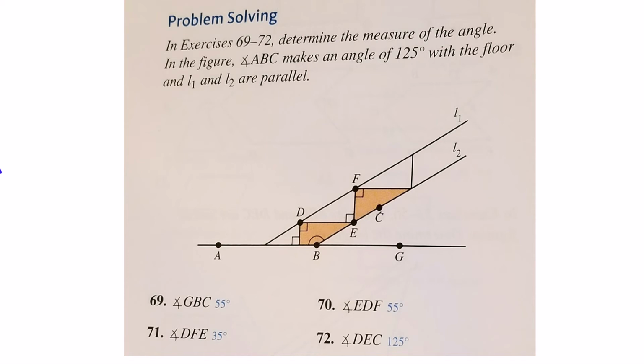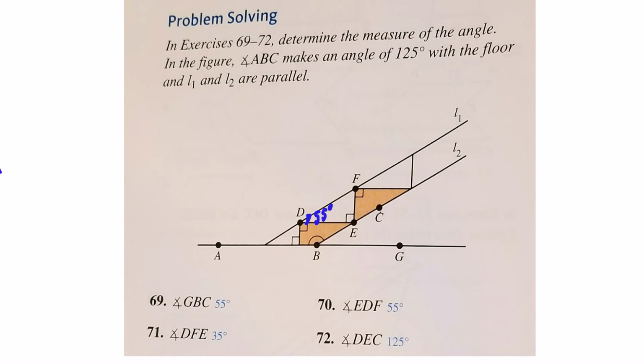Now that's not the only way I can find that. We could use the fact that EDF was this angle. Sorry, had to make sure I was in the right spot there. We know EDF is 55, and we found DFE, so we found that one. 90 degrees.